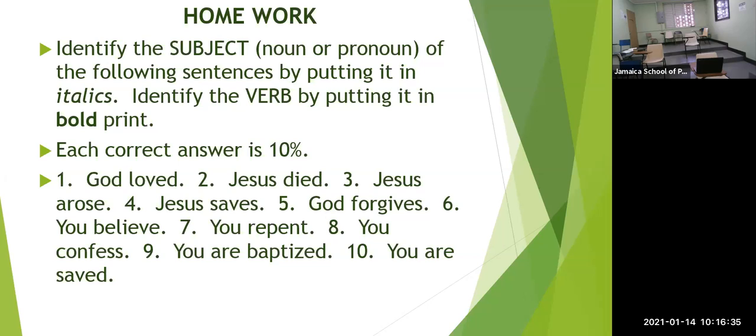Number 7, subject you, verb repent. Number 8, subject you and verb confess. Number 9, subject you, verb are baptized. And number 10, subject you, verb are saved.